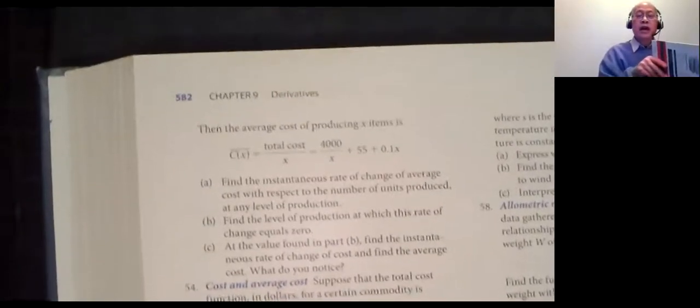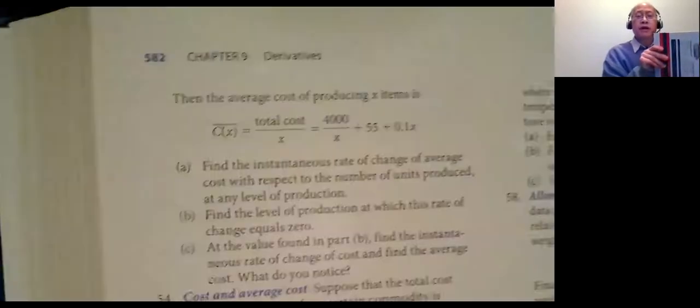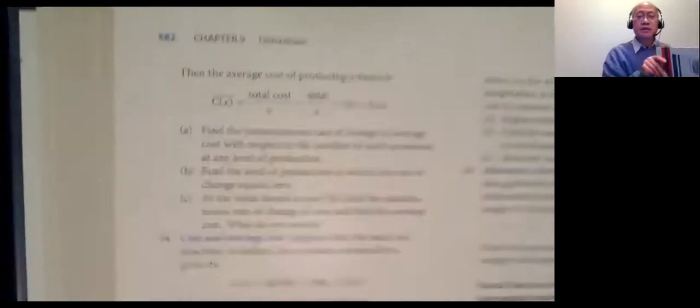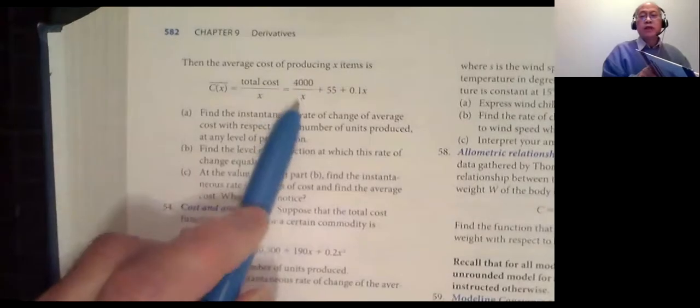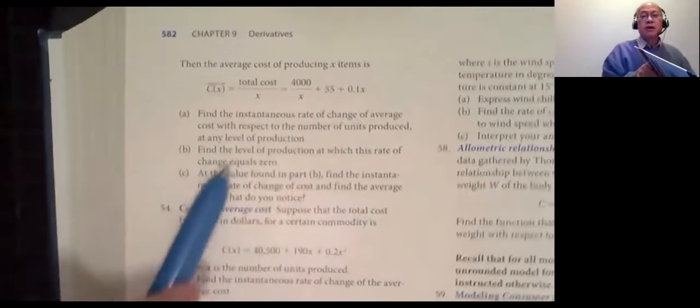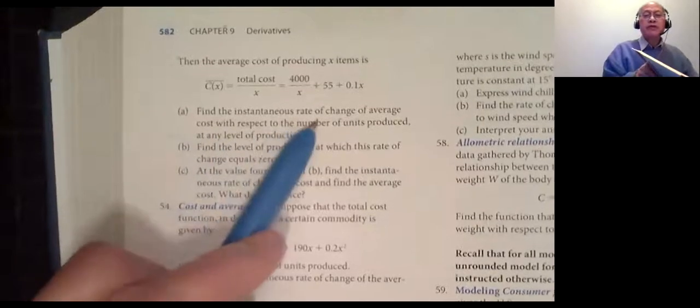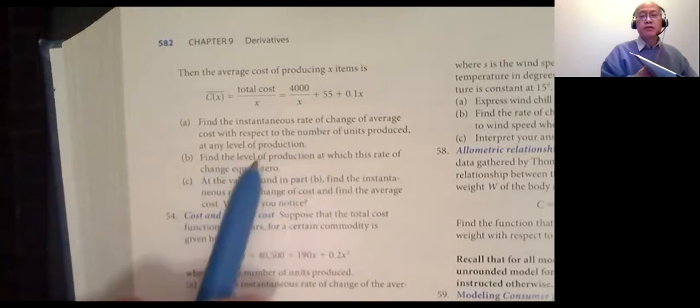Average cost. Average cost, C bar, that bar over it, is total cost divided by x. So you have a new function. They divided the original by x, 4,000 over x plus 55 plus 0.1x. A, find an instantaneous rate of change, the derivative of the average cost with respect to the number of units produced.